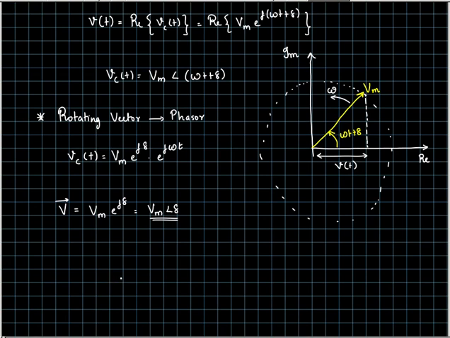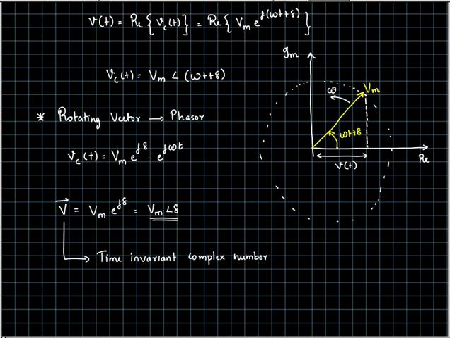Right. So, therefore, we can say that the phasor V is simply a time invariant complex number.